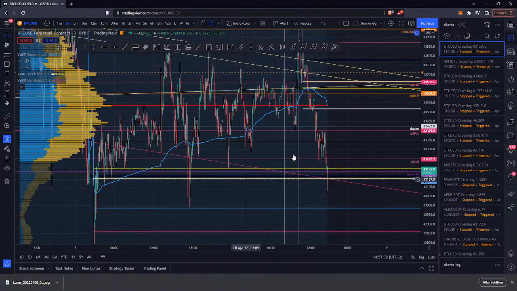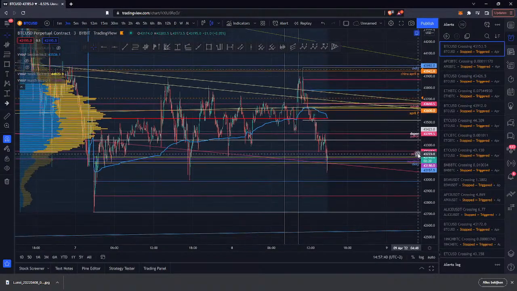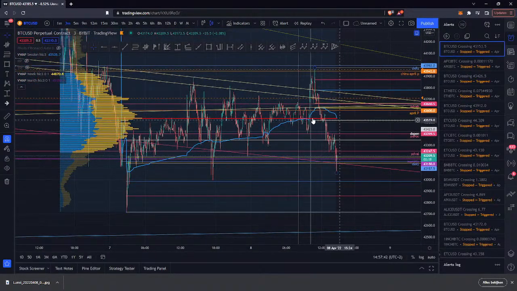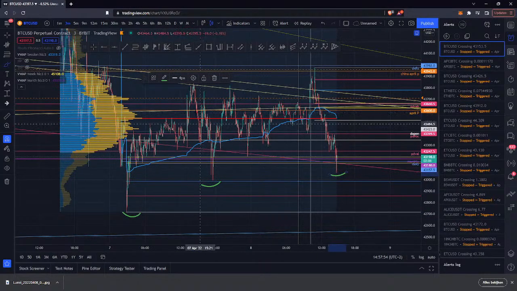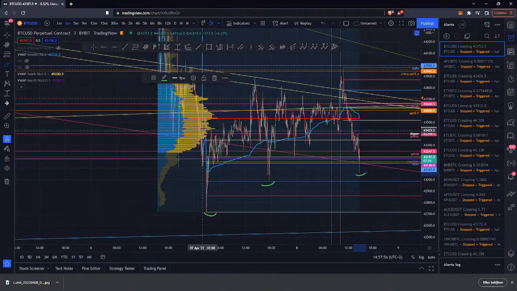Haven't taken out that low, so we're actually locally still having bullish market structure within this local range. Low, higher low, higher low, higher high.